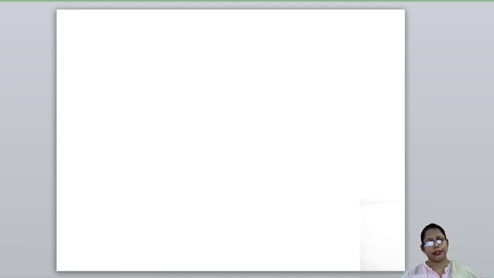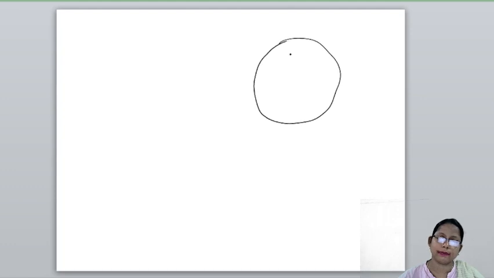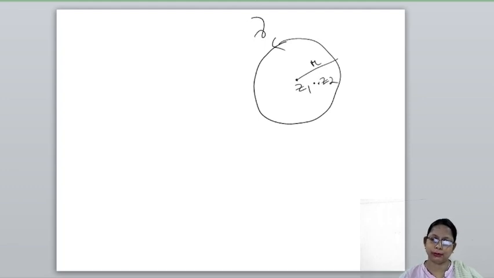If we draw the figure, this is my circle, suppose this is the center of the circle, this is z1, this is the radius r, and this is the circle. z2 is any point, and the distance between z1 and z2 is less than r/2.